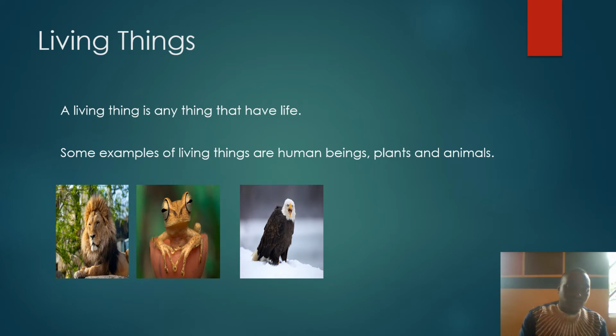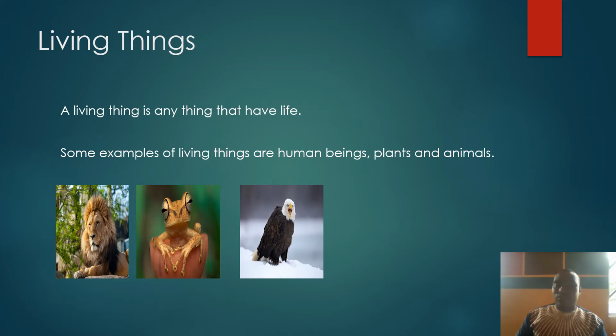Living things are things that have life in them. Examples of living things are human beings, plants, and animals. So as you can see on your screen, you have pictures of some living things over there, some animals.